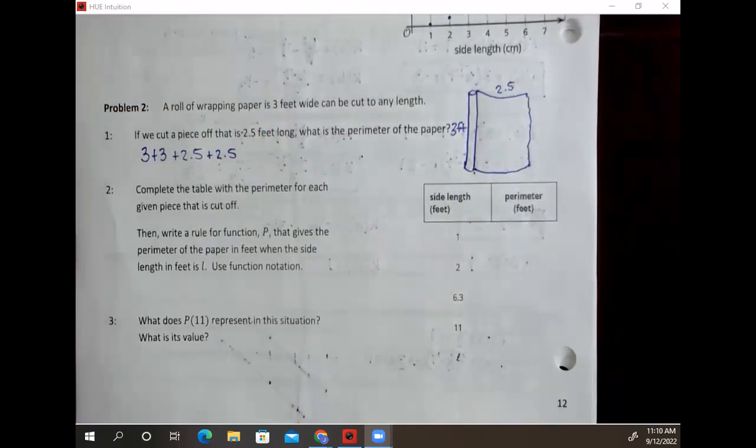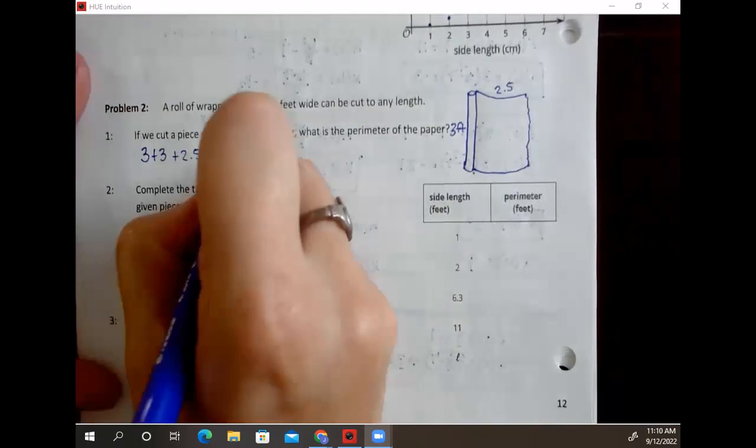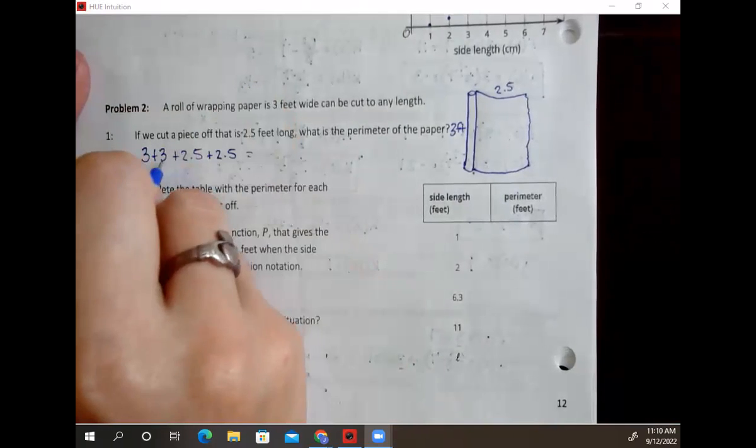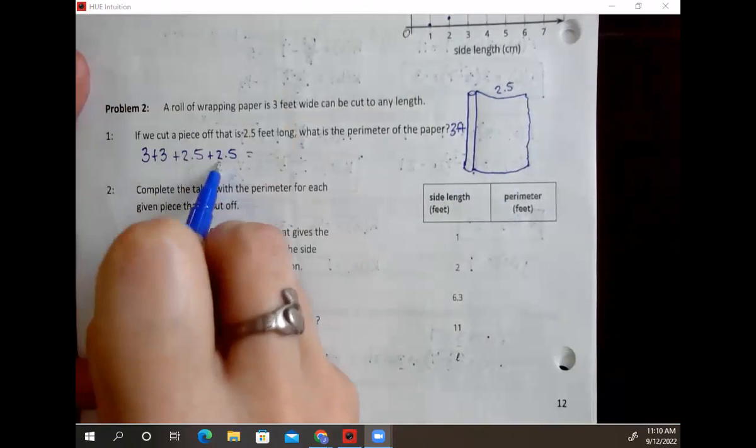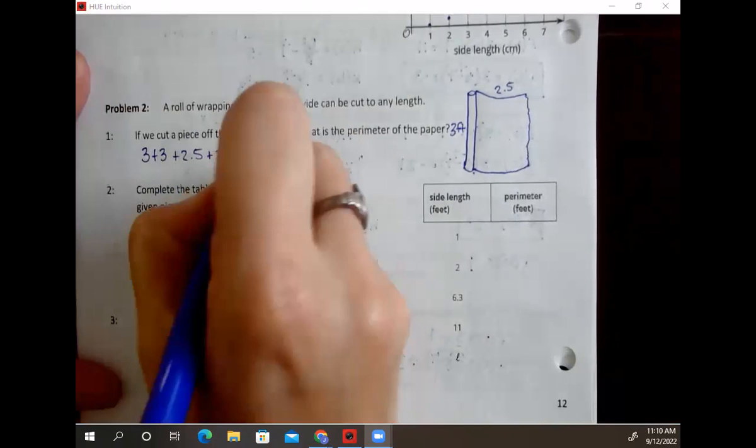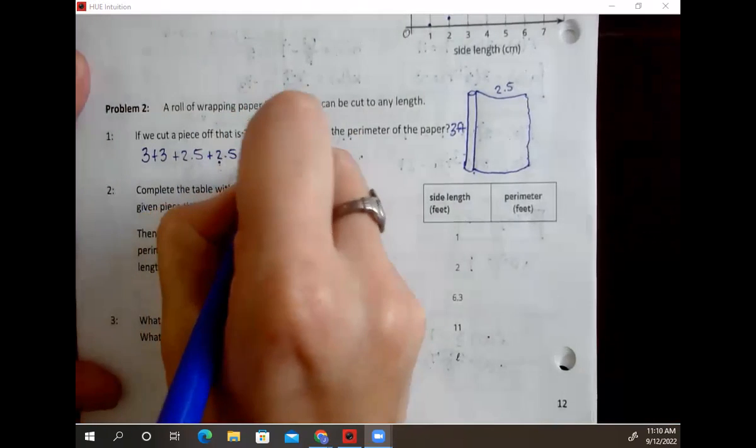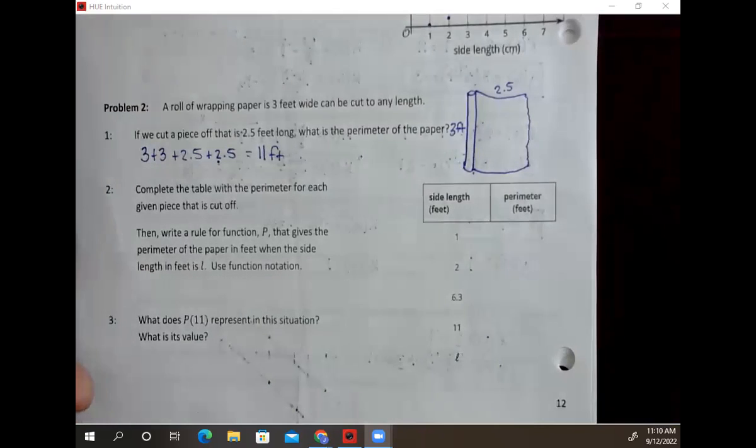So I'm going to add up all those sides to get my perimeter. So this would be 3 plus 3 is 6, 7, 8, 9, 10. And then my halves get me to 11 feet. My perimeter for my sheet of wrapping paper would be 11 feet.